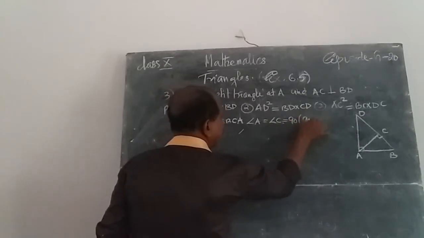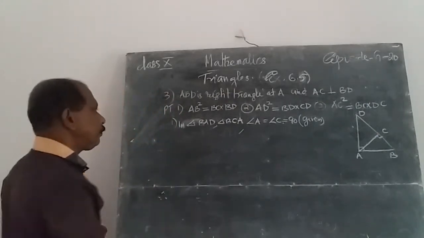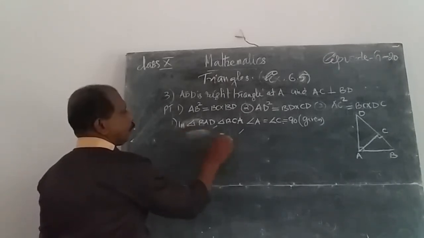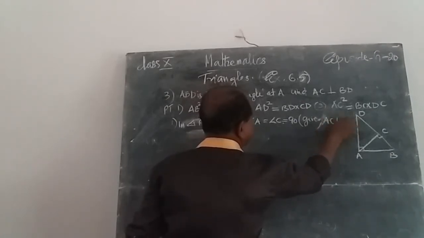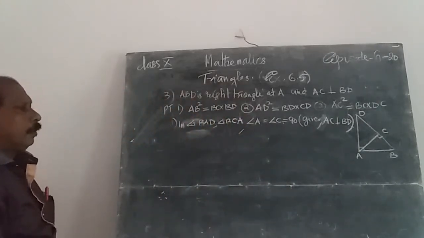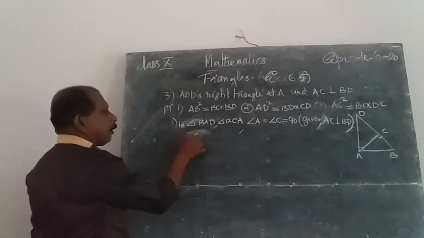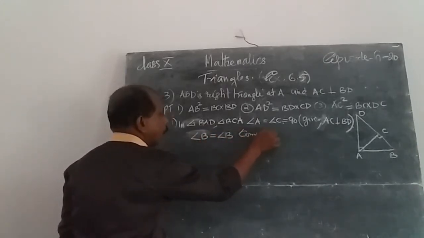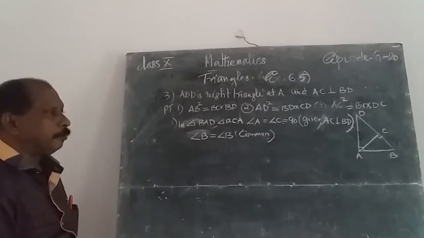That is given, that means AC is perpendicular to BD. Angle B is equal to angle B, the common angle of BAD and BCA.